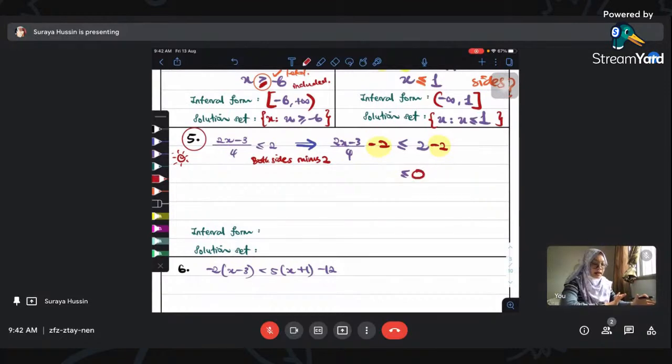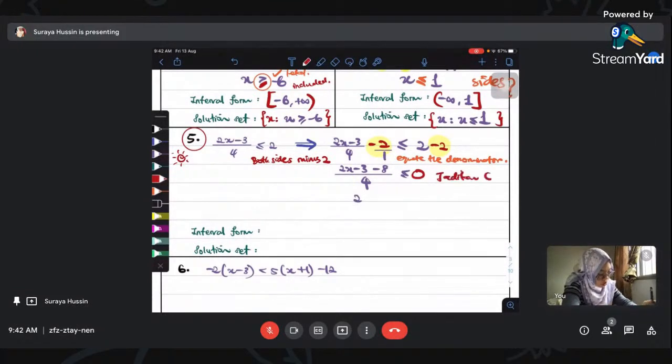Ini adalah cara penulisan yang setepatnya. Okay, sebetulnya lah dalam mathematics. So here, saya samakan pembawah dia. I will get here 4, 2x minus 3 minus 8. Okay, samakan pembawah. Equate the denominator, so 4 adalah denominator dia. Yang ini, jadikan kosong di belah kanan.